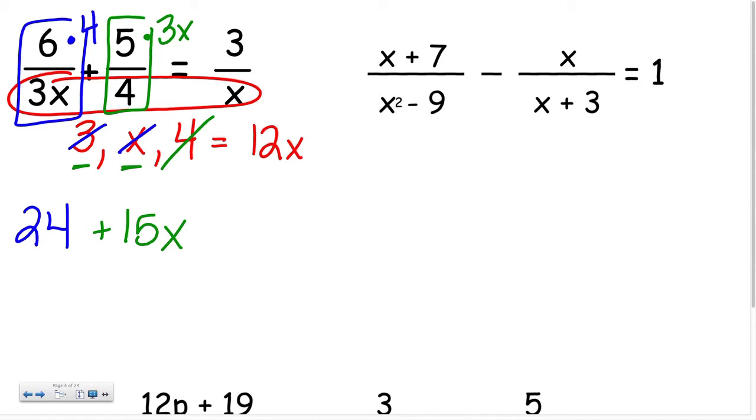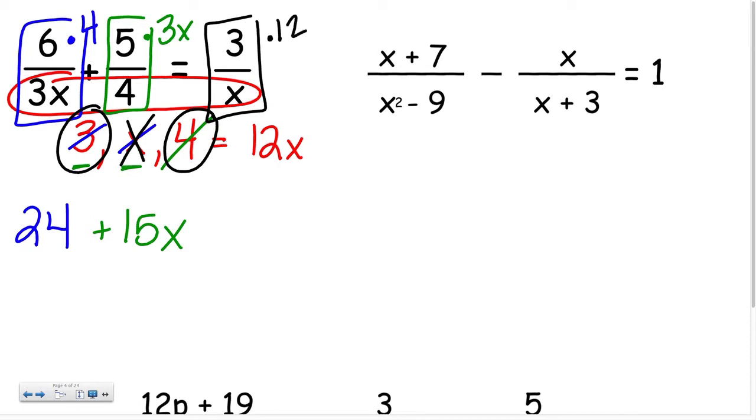Alright, the last one is 3 over x. That 3 already has the x. It needs a 3 and a 4, or 12. Now, because all of my denominators are the same, I drop them. That's why I didn't write them over the common denominator.